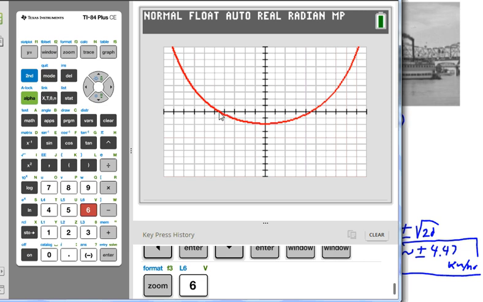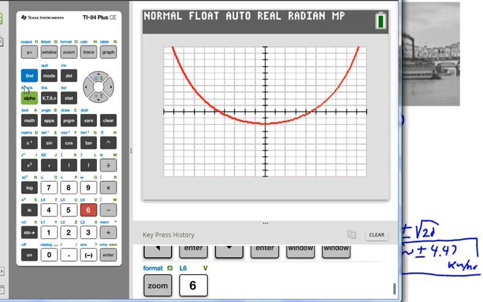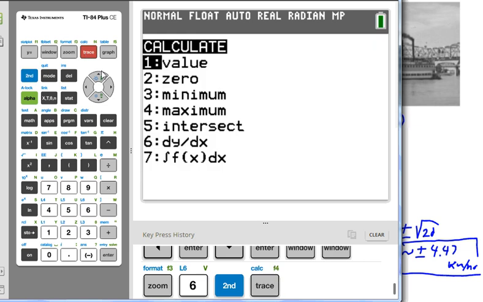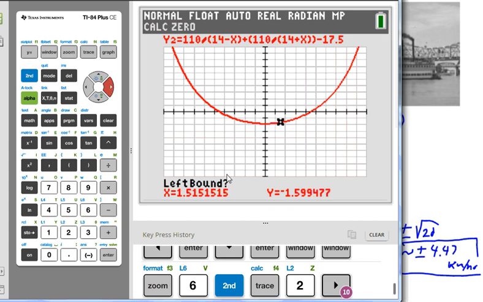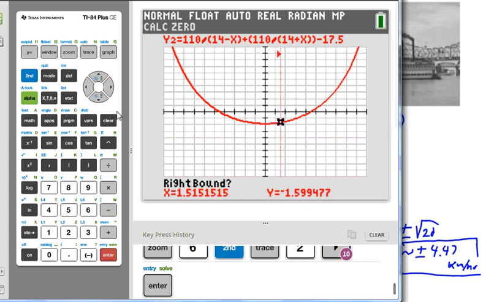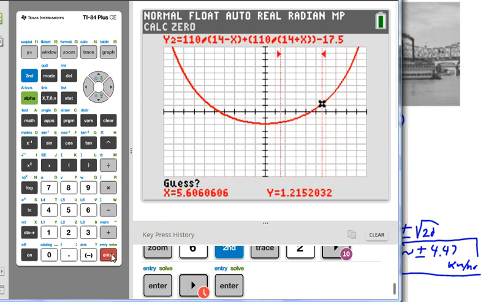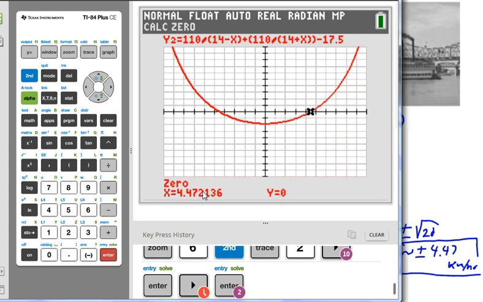Negative square root of 20, positive square root of 20. Second trace, zero, and I'm going to use the one on the right here. Left bound, press enter, go to the right, enter, enter. So we get 4.47. So we have plus or minus 4.47.